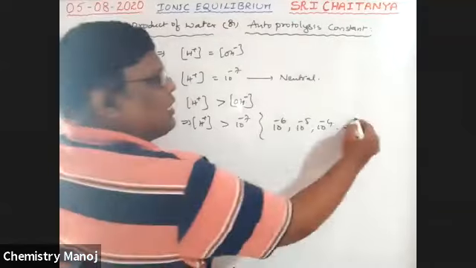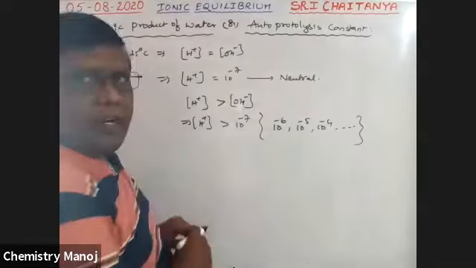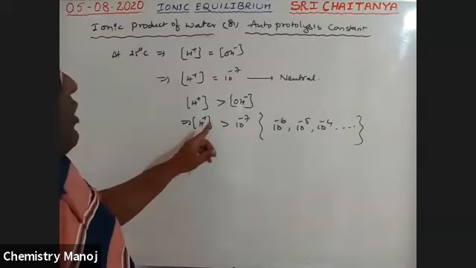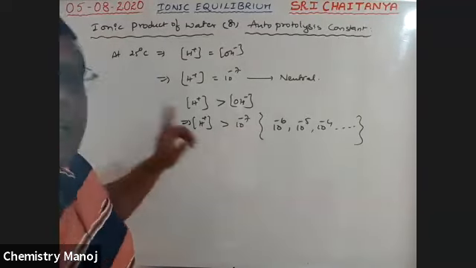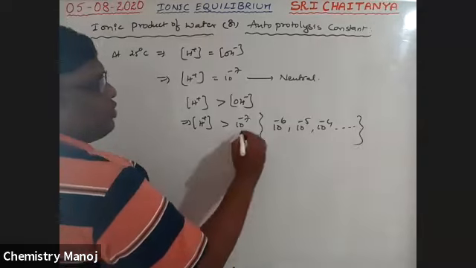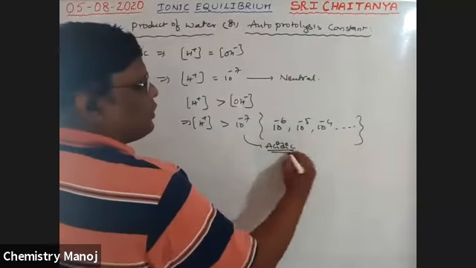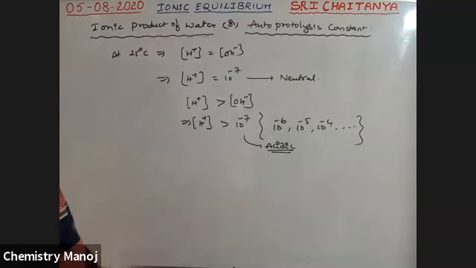These are all values greater than 10^-7. So the more the H+ ion concentration, the less the OH- ion concentration. Therefore, the solution is acidic in nature.